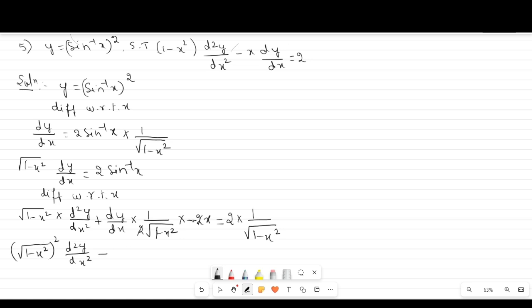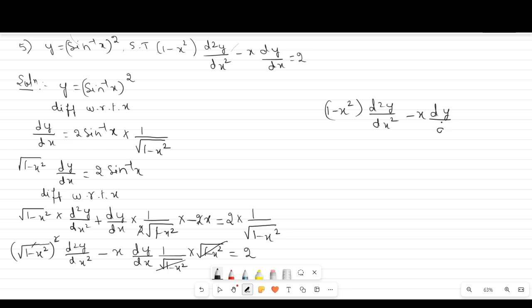Then minus, this negative comes outside, minus x into dy by dx into 1 by root of 1 minus x square, and we are multiplying root of 1 minus x square, so equals 2. See here, this term gets cancelled, and the square and root get cancelled. I will write down the remaining terms: (1 minus x square) into d square y by dx square minus x into dy by dx is equal to 2. So this is the proof.